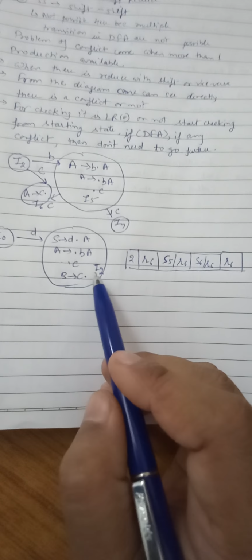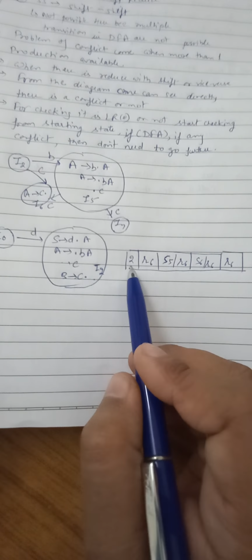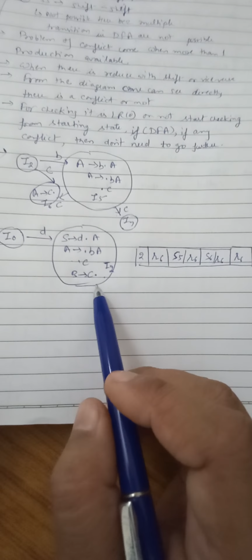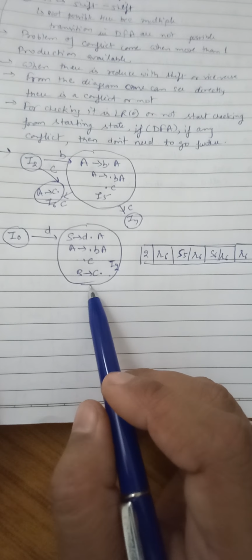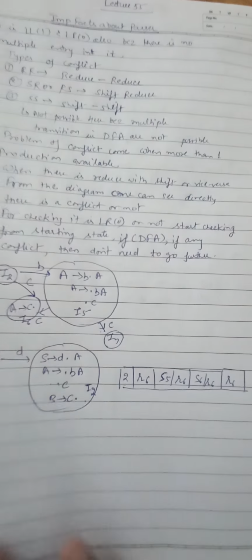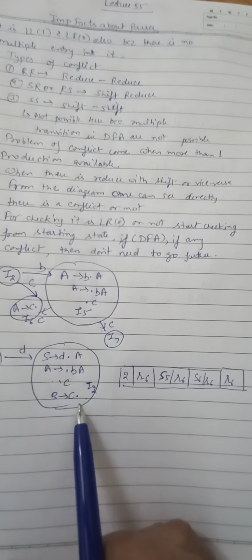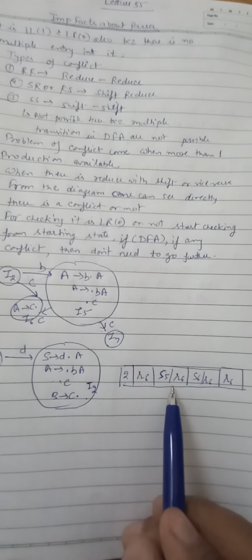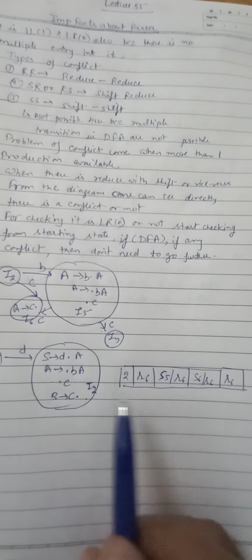Because this is the second state, I'm writing the state number, and here we are doing reduction by production 6, which tends to C. So according to this we write R6 everywhere.